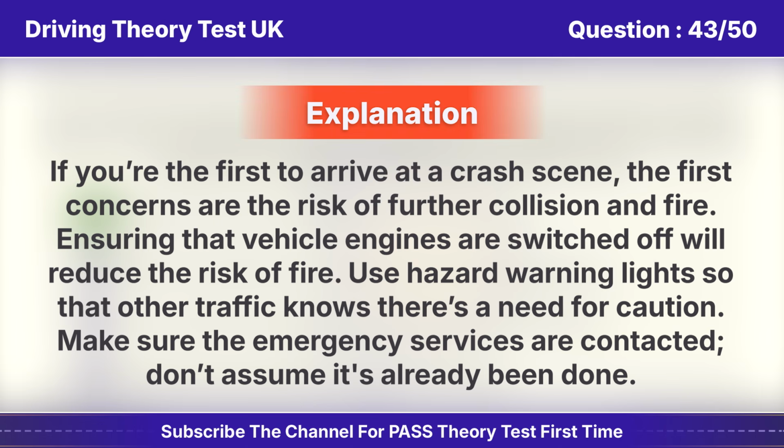If you're the first to arrive at a crash scene, the first concerns are the risk of further collision and fire. Ensuring that vehicle engines are switched off will reduce the risk of fire. Use hazard warning lights so that other traffic knows there's a need for caution. Make sure the emergency services are contacted. Don't assume it's already been done.